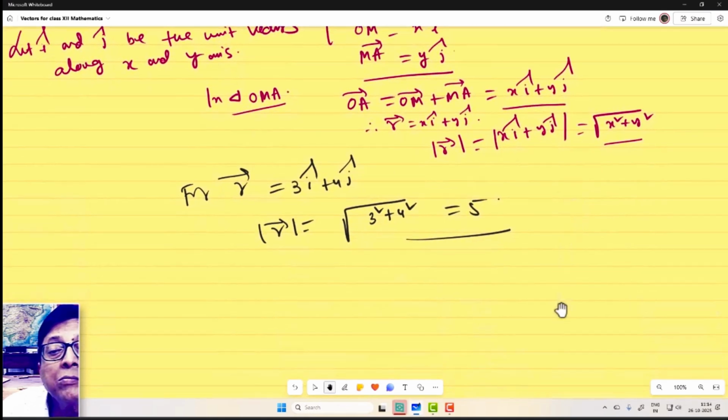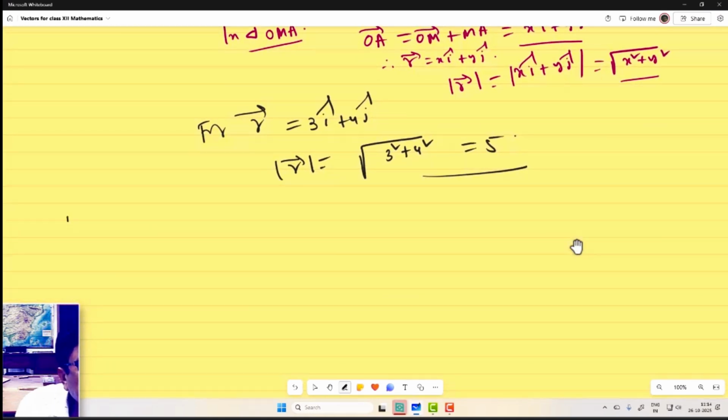Now we will represent in 3D. What happens in a 3-dimensional coordinate system? You have to draw a vector and you have to complete a cuboid. Okay, I'm just taking the cuboid first.